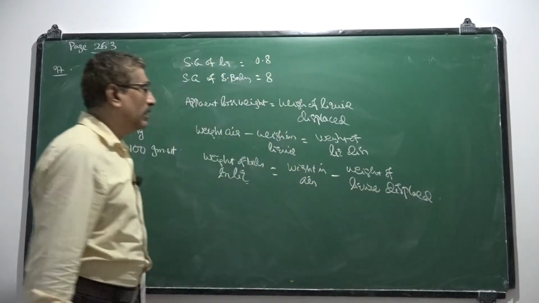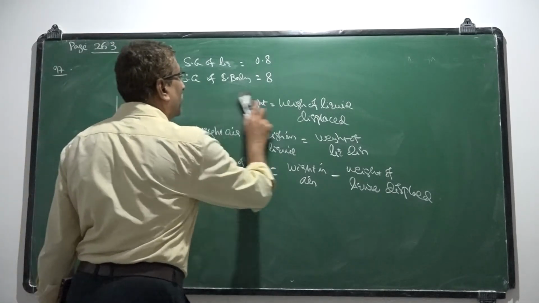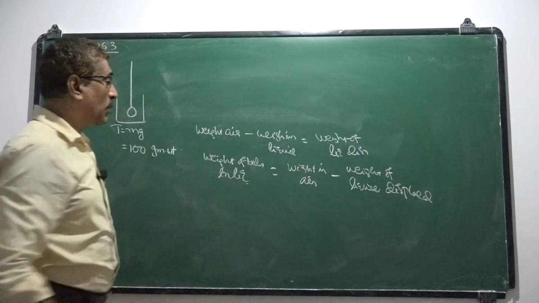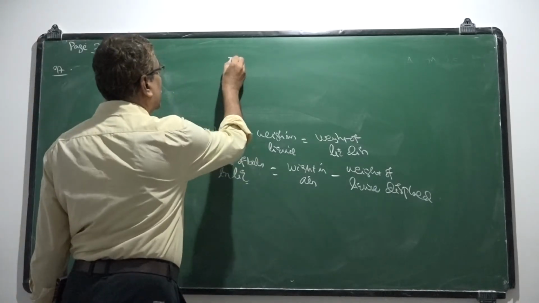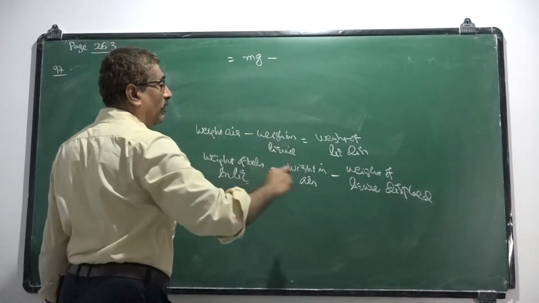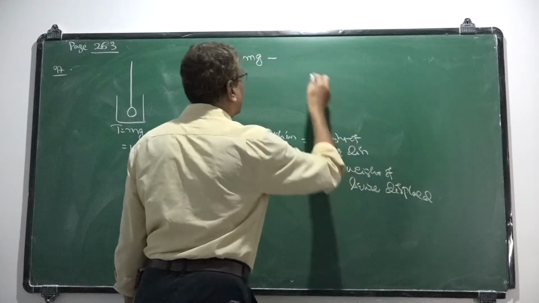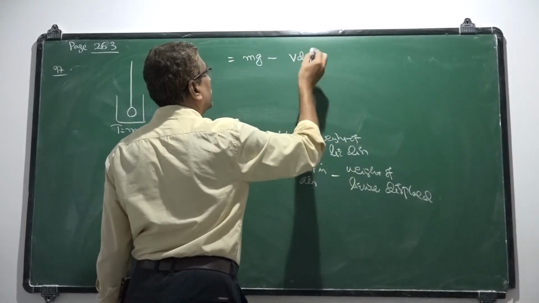Okay. Now we write like this. So this weight of the body in the liquid is weight of the body in the air, mg, minus weight of the liquid displaced, that is v dl into g.